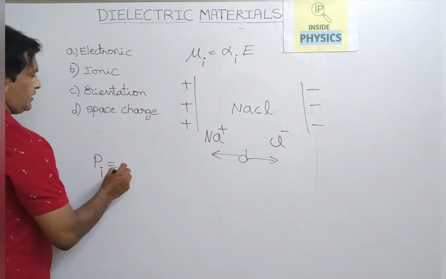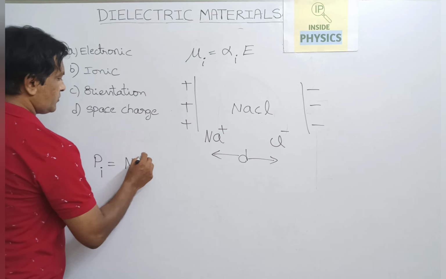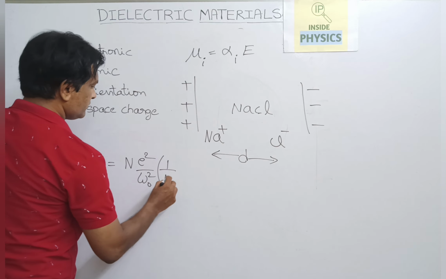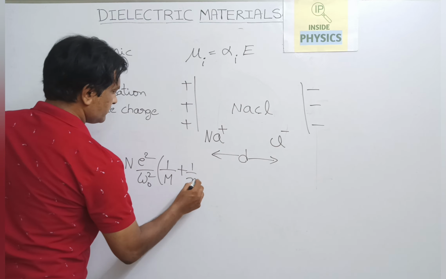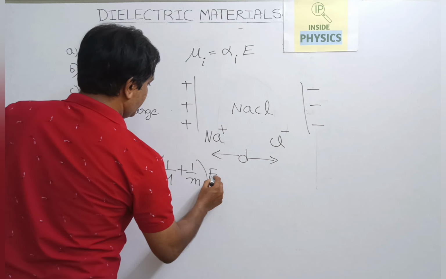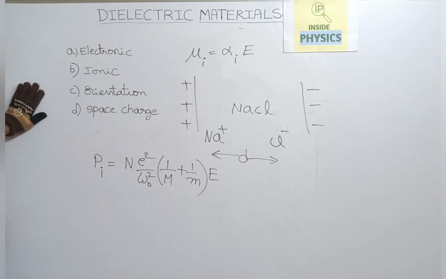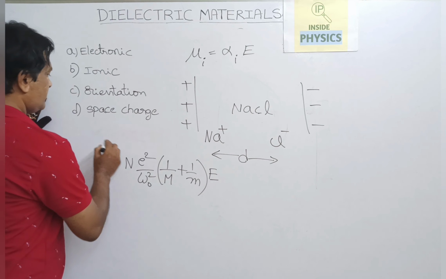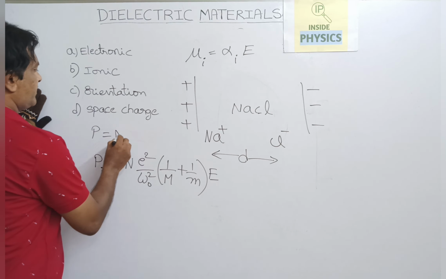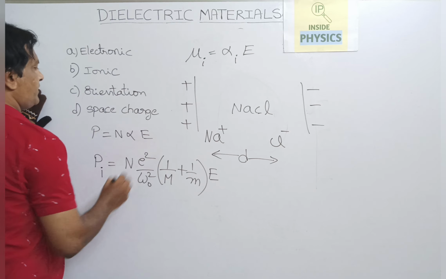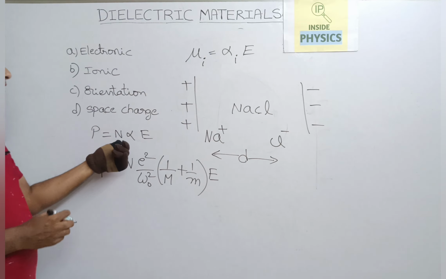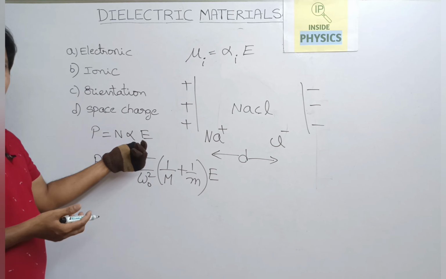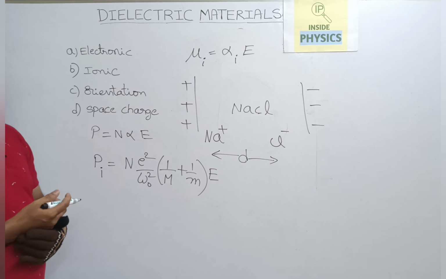Ionic polarizability is nothing but E square by omega naught square into E. Generally we write the polarization in terms of N alpha I times E: N is the total number of atoms, alpha is the polarizability constant, and E is the applied electric field.